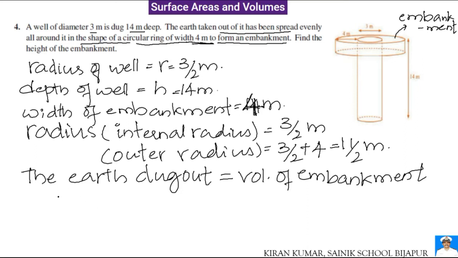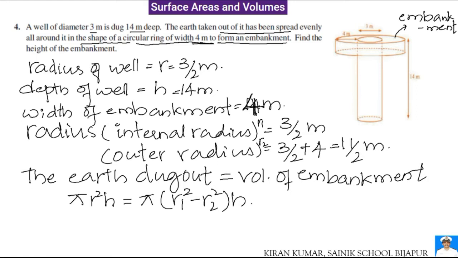Earth dug out is in the shape of a cylinder, so pi r square h will be equal to pi times r1 square minus r2 square, into h. I have to consider the internal radius as r2 and the outer radius as r1, the larger one.